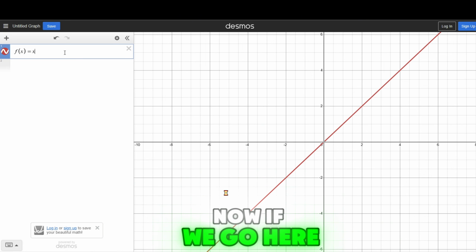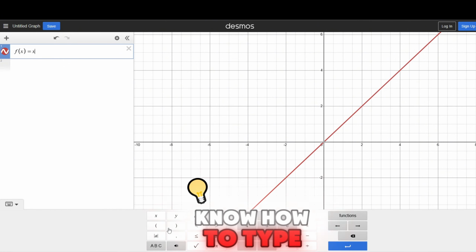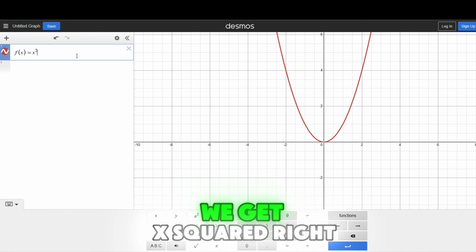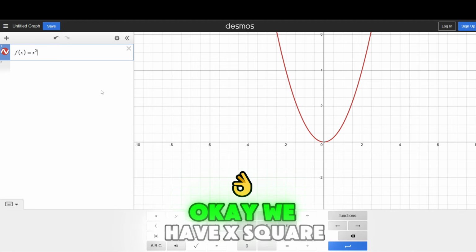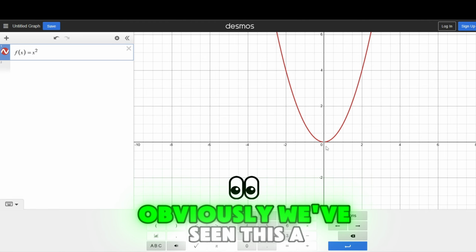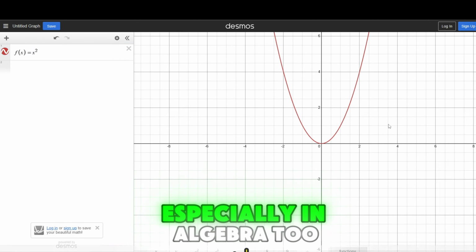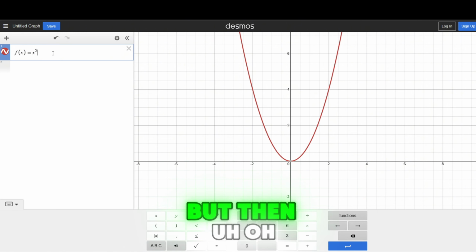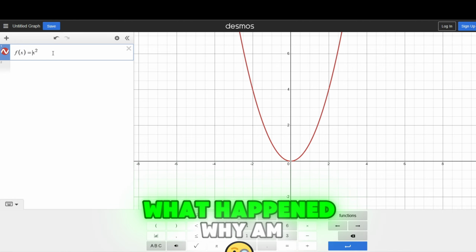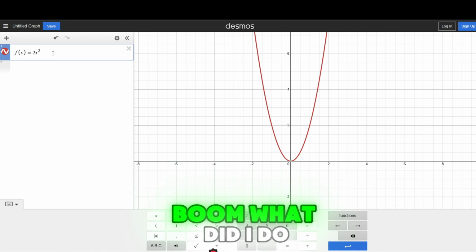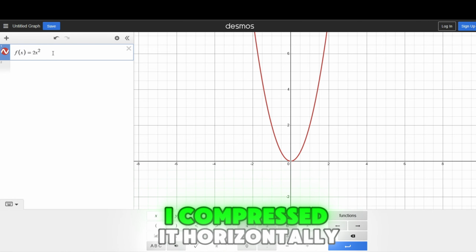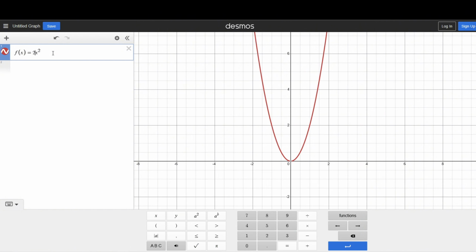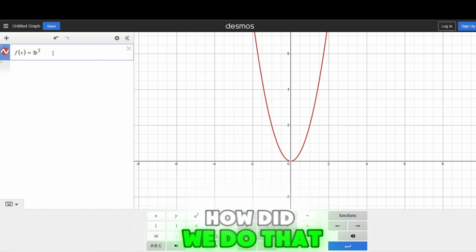Now, that's the linear function. If we go here, we get x squared, right? Okay. We have x squared. Obviously, we've seen this a lot before, especially in Algebra 2. Pretty familiar with this. But then, what happened? Why am I going to the left? Boom! What did I do? I compressed it horizontally. How did we do that?